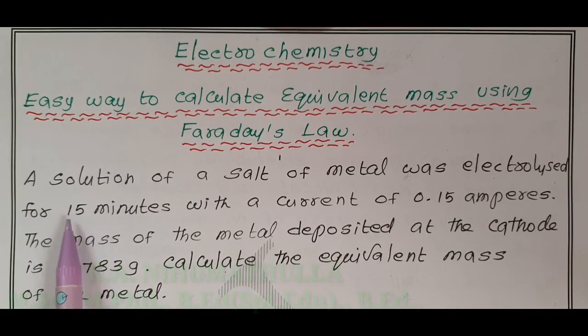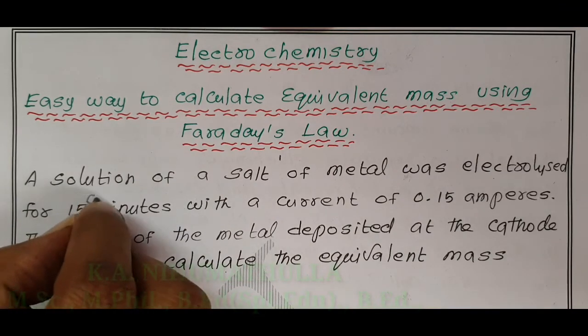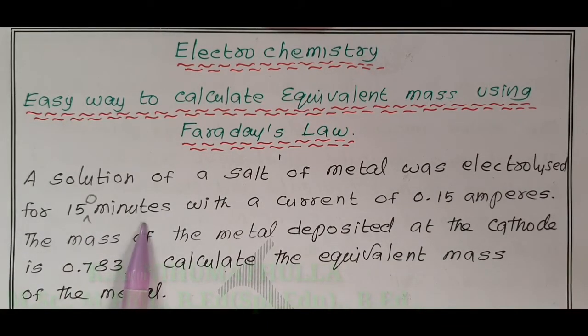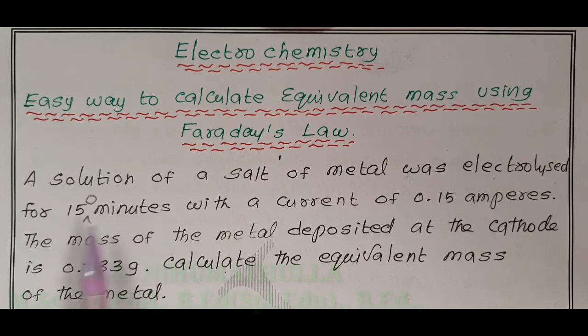Actually, this is 150 minutes, and now we solve the problem with 150 minutes. But in our book, it is given as 15. If 15 minutes is used, we will get an equivalent mass of 559 gram, which is a very high value. So if we use 150, we will get 55.9 gram. I will explain the change in result at the last.